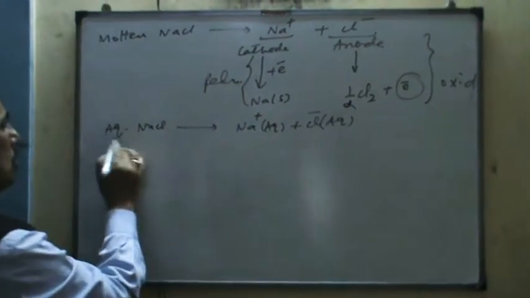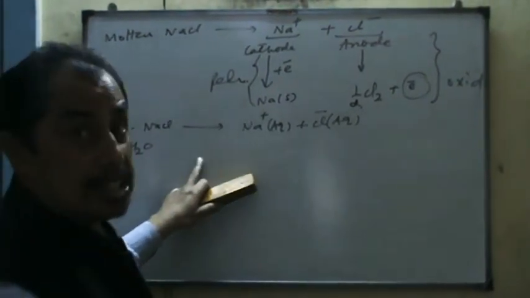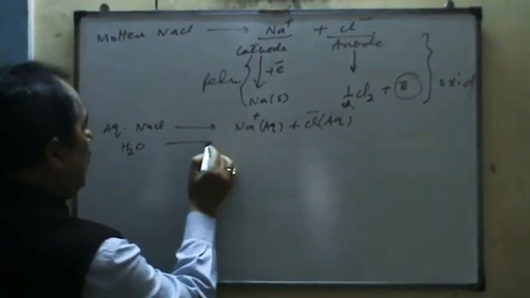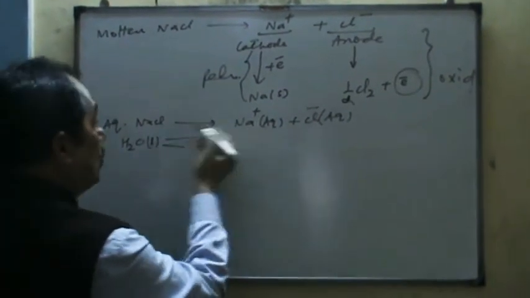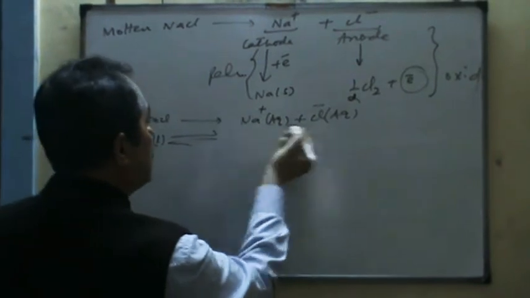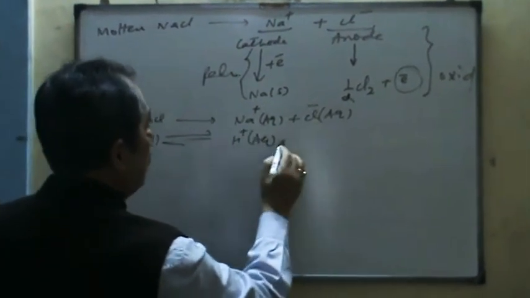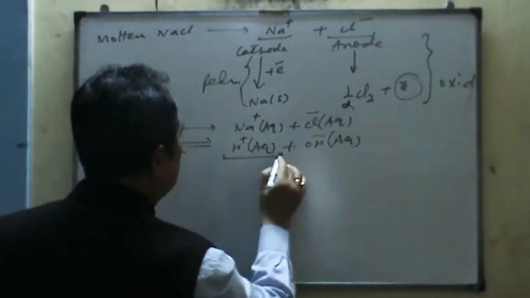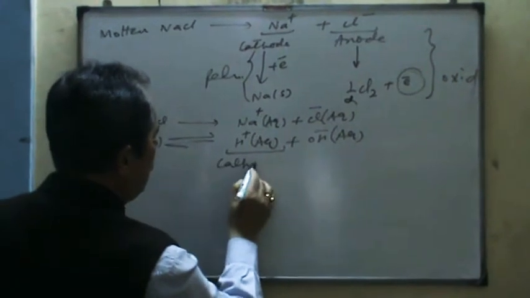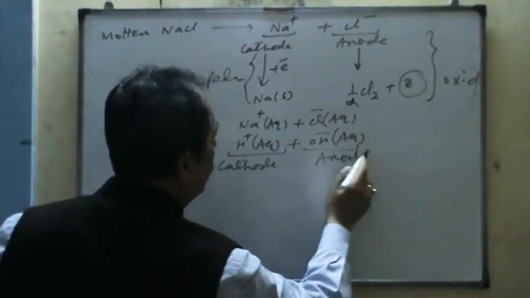Since it is an aqueous solution, water also takes part in electrolysis, because water is an electrolyte. Water is in the liquid state, but once mixed, it forms H positive aqueous and OH negative. Dear students, these two are at the cathode and these two particles at the anode.